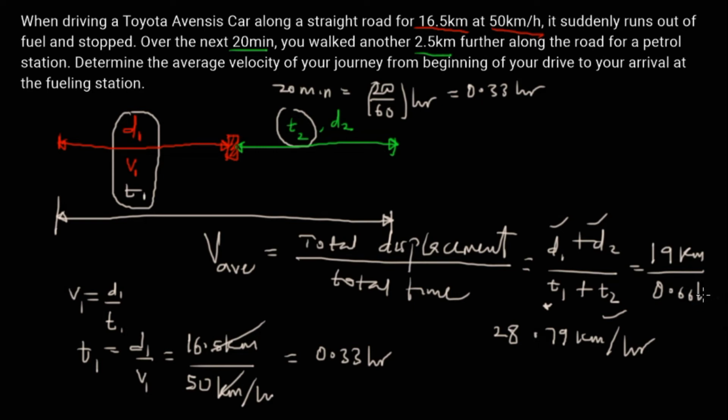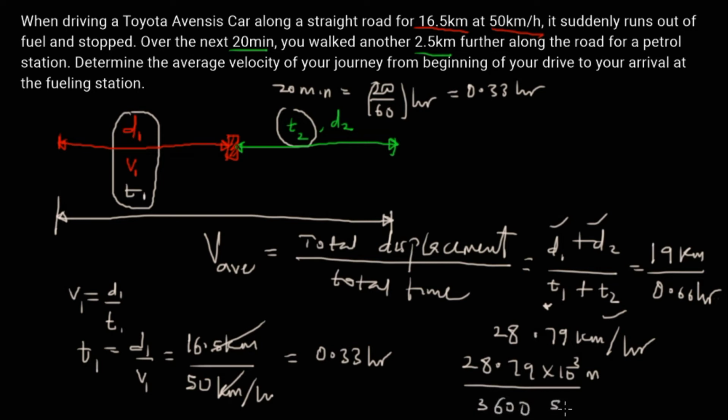In order to convert this to meters per second, we have 28.79 multiplied by 10 raised to power 3 meter, since kilo means 10 raised to power 3, then we'll be left with meter, divided by hour, and 1 hour is 3600 seconds.